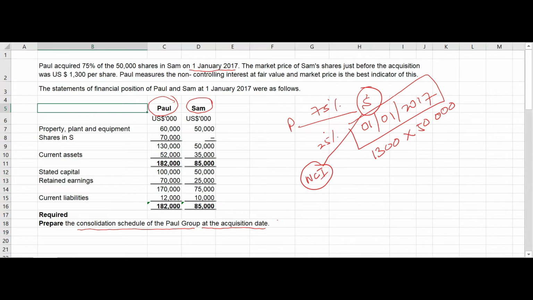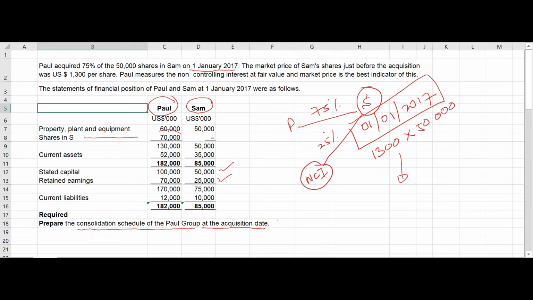So at the time of acquisition, we need to identify the identifiable net assets. The identifiable net assets are share capital 50,000 and retained earnings 25,000. To acquire these net assets, Paul has invested 70,000.